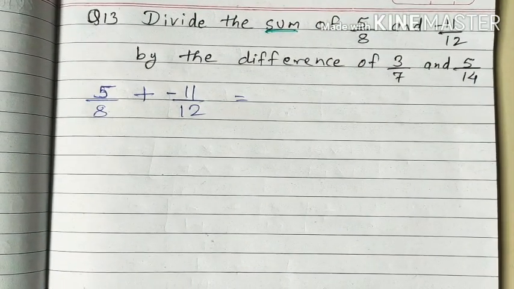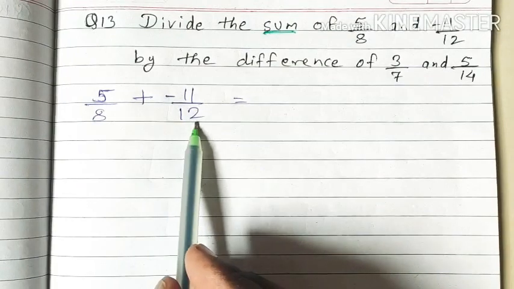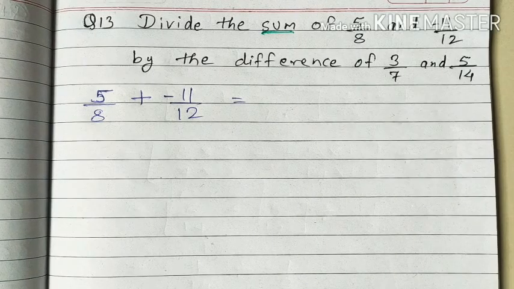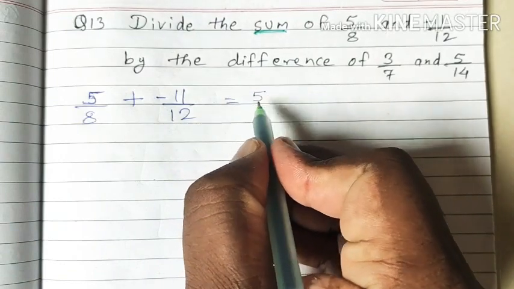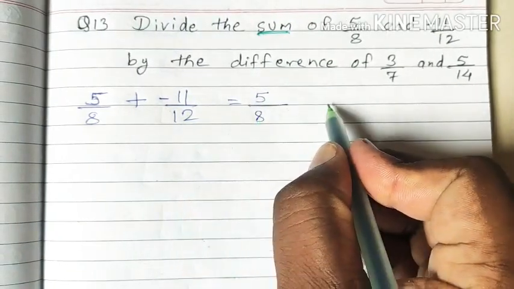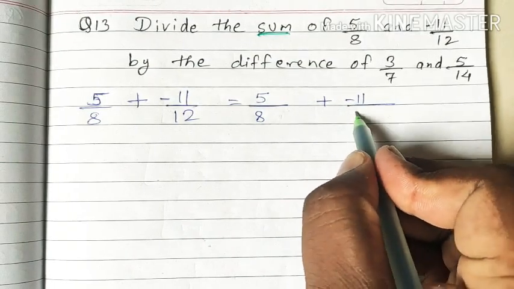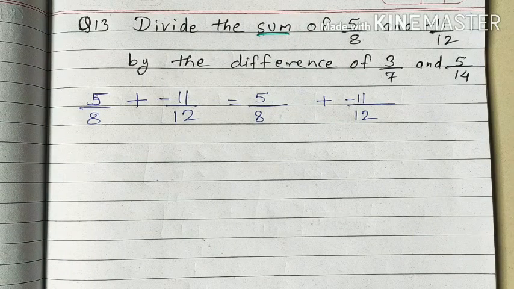Now tell me, are their denominators equal? Not equal. It is 8 and it is 12. So what is the LCM of 8 and 12? LCM of 8 and 12 is 24. Correct? So to convert this 8 into 24, by which number should we multiply it?